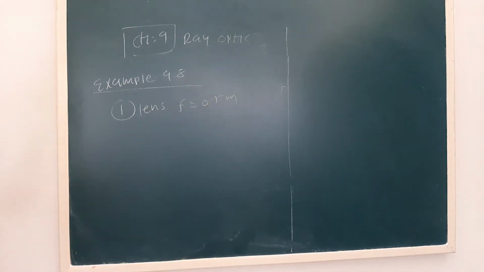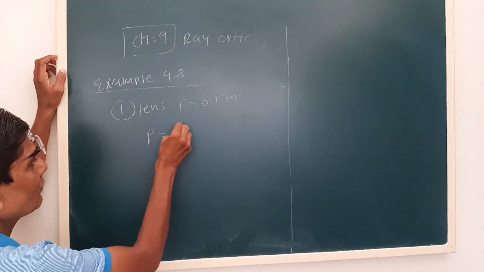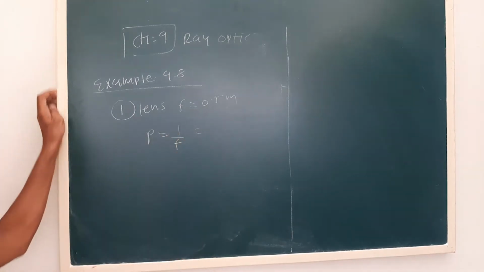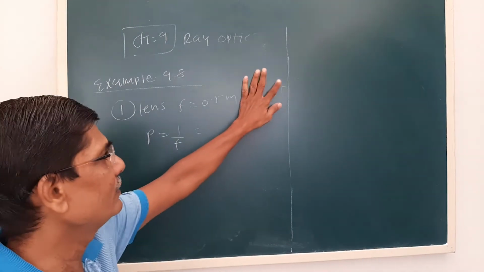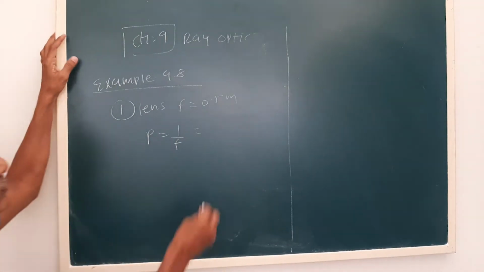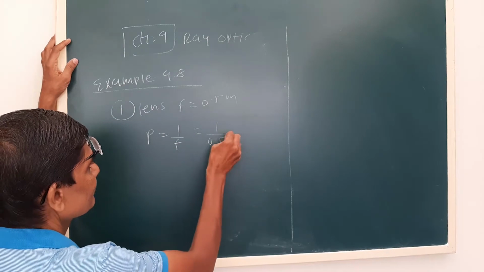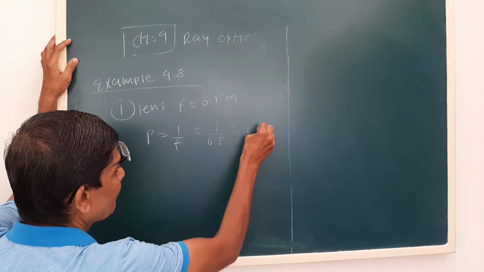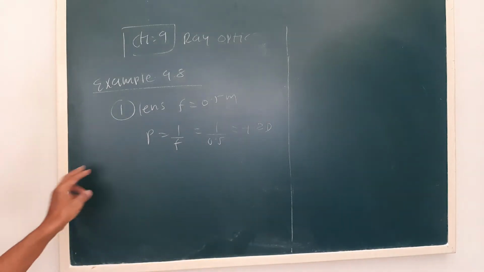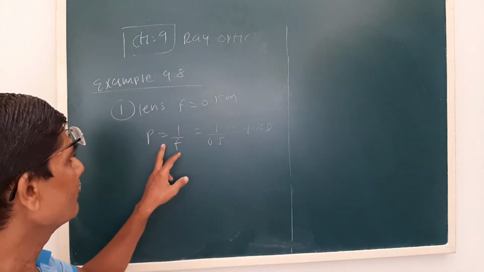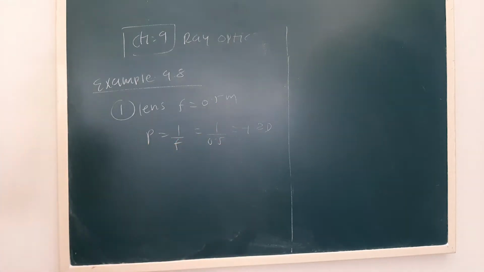What should be the power? Now the power formula is 1 by F. We should keep in mind that the focal length should be in meters. So here it is 1 upon 0.5. It is a positive value, so the power will be plus 2D. Focal length is given 0.5 meter, power we have to find out, so P is equal to 1 upon F.